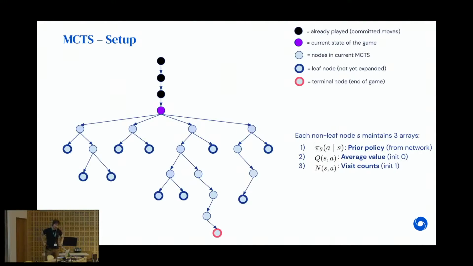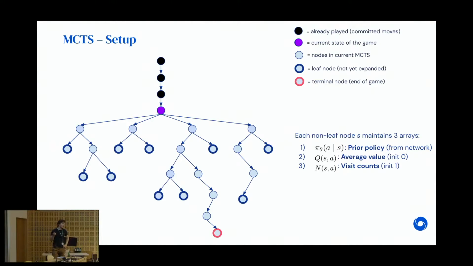So I will go through this slowly. So let's imagine we are in a situation that the agent has already played 3 moves inside a game. So this was the initial state of the game, the matrix multiplication tensor, and 3 moves have already been played. So the black circles correspond to states that we have already visited in the past, and currently we are in this purple state.